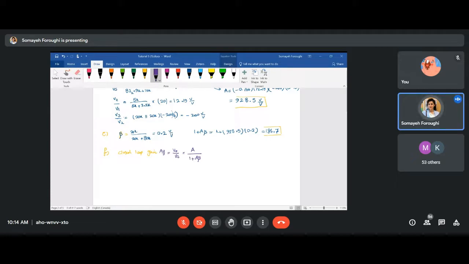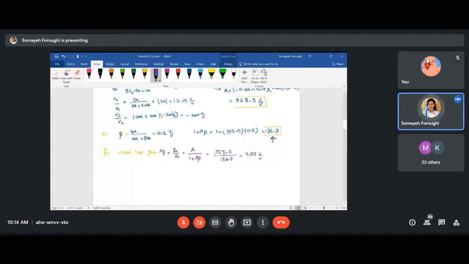So this is the formula. Then finally plug in the values. Your A value, we just found it, 928.5. 1 plus A beta, we just found it, that's 186.7. Then finally you will have 4.97 volt per volt for your closed loop gain, which, if you pay attention, is pretty close to the 5 volt we had in the beginning of the question.